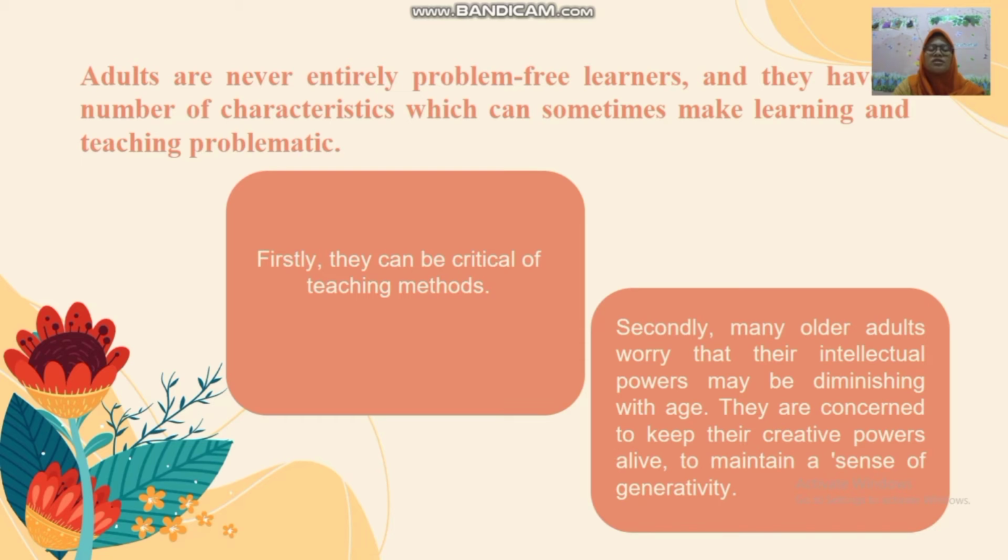So, in my understanding, because adult learners have more abilities and imagination and are also critical, they are always critical about everything. So this is difficult for a teacher to face adult learners.